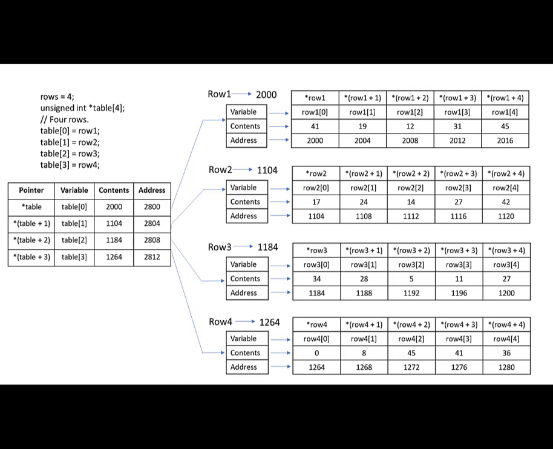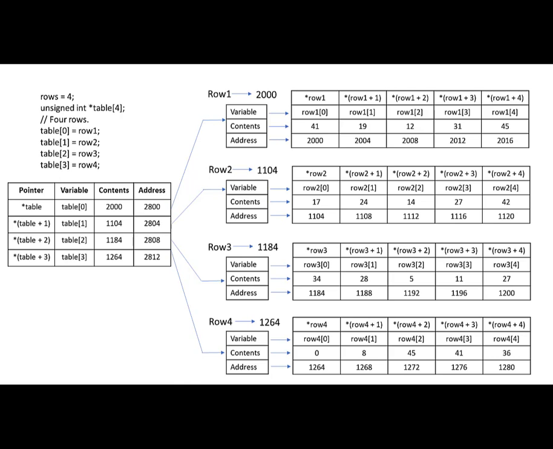The contents of the second element, index 1, is 1104, and that's just the address of row 2. And then so on down the list. So just using those numbers I made up, you can see that the table indices 0, 1, 2, 3 contain the addresses of row 1, row 2, row 3, row 4.